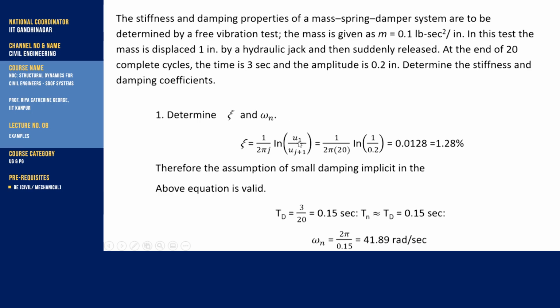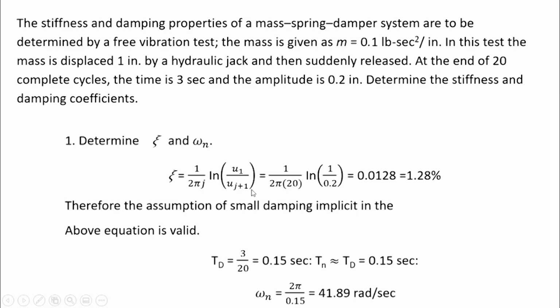So u1 is equal to our initial displacement because that is the amplitude of the first cycle, and u j plus 1 is the amplitude after 20 cycles, that is given as 0.2. So you can calculate the value of zeta, and we get it as 0.0128, that is 1.28 percent.